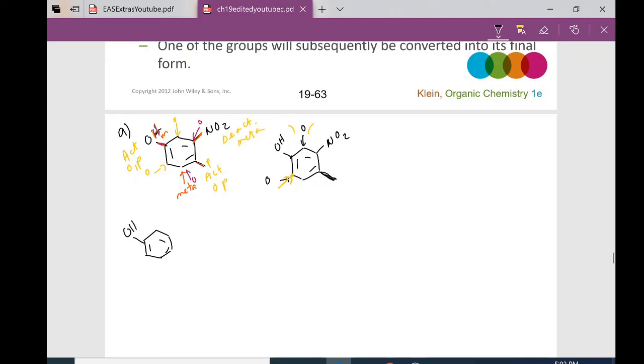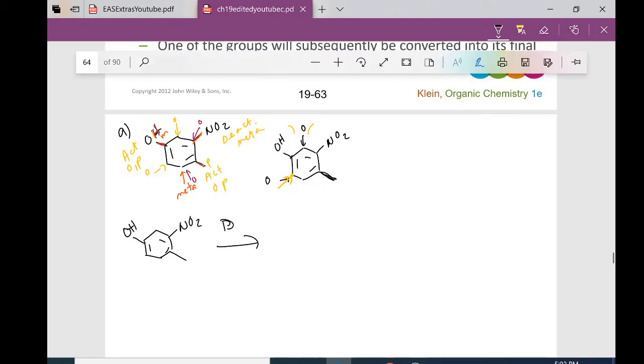So we're going back and redrawing our starting material here. Okay, and let's say we're going to do a bromination, Br2, FeBr3. Okay, so that's going to install a bromine on the ring, and it's going to install it at that position that we just looked at.